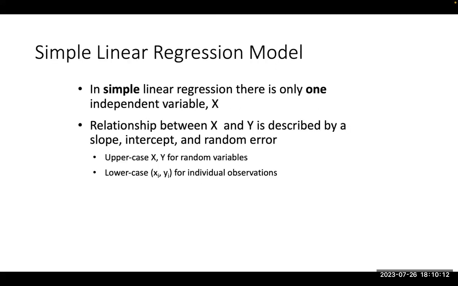In simple linear regression, there's only one independent variable x, and the nomenclature is that this is shown with uppercase X and Y for random variables. If you talk about individual observations and equations, you use lowercase x and y.